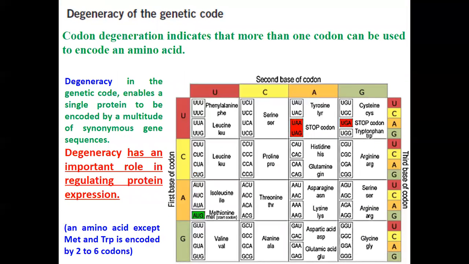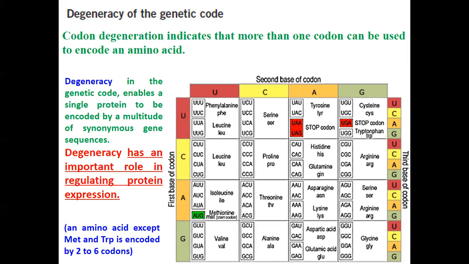The question is, there are 20 amino acids, but there are 64 codons. So why is there a discrepancy? It means that the genetic code is degenerate.